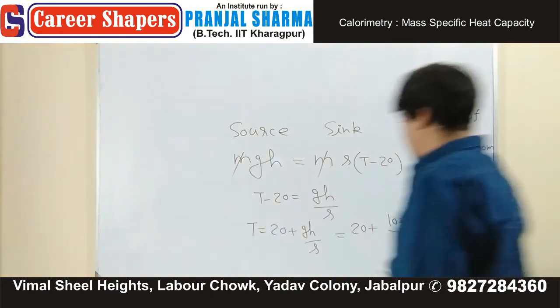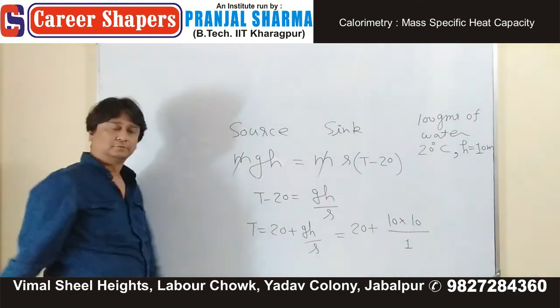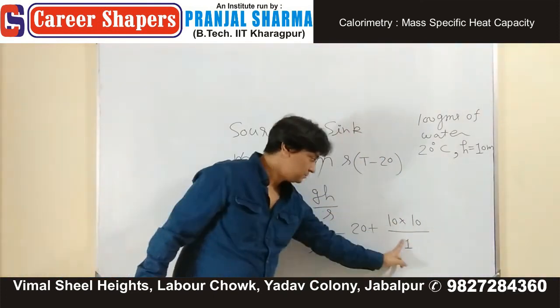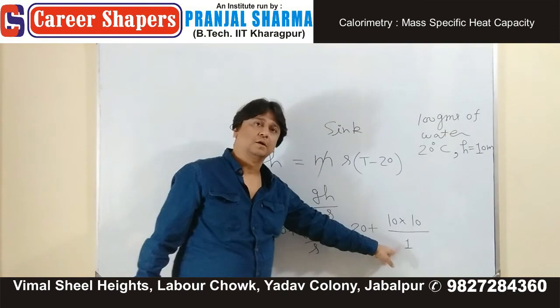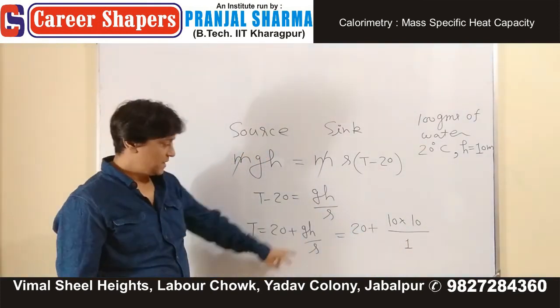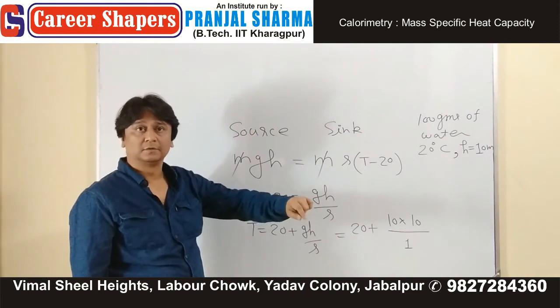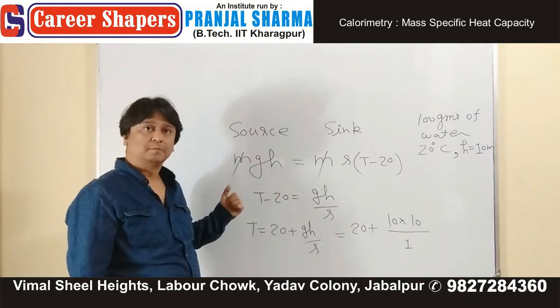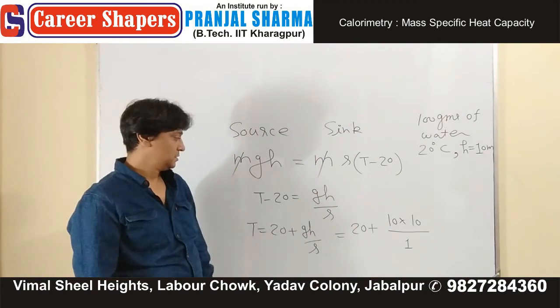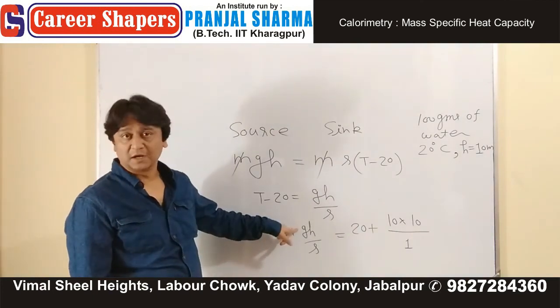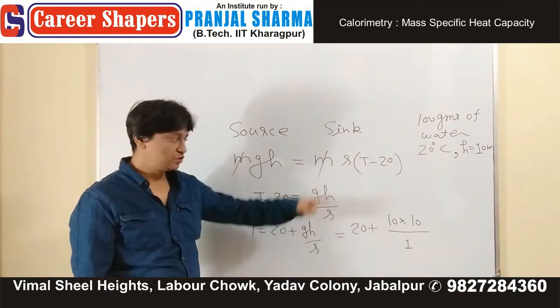Good. You know what is wrong? This one. Specific heat is 1. What? Calorie per gram per degree Celsius. But what is G? Meters per second square. H is what? Meters.